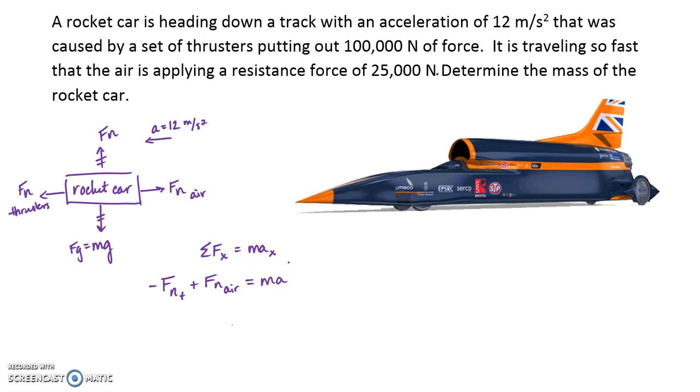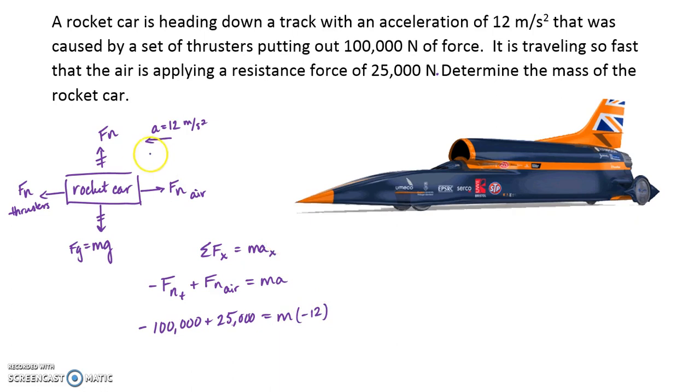So now it's a matter of subbing and solving. So the thrusters are pumping out the 100,000 newtons. Then the air is pushing back with 25,000 newtons. Set that equal to the mass, I have no idea. But my acceleration is 12, but it's pointing to the left. So algebraically, this is going to be a negative 12.